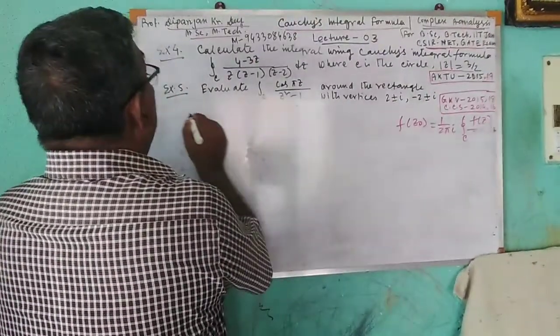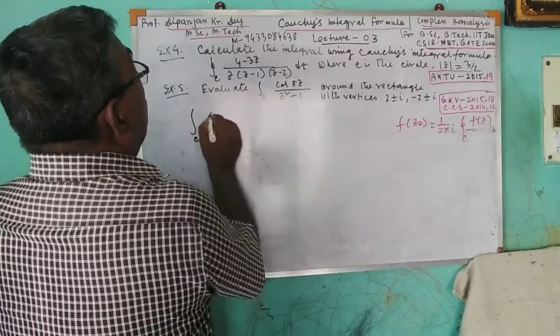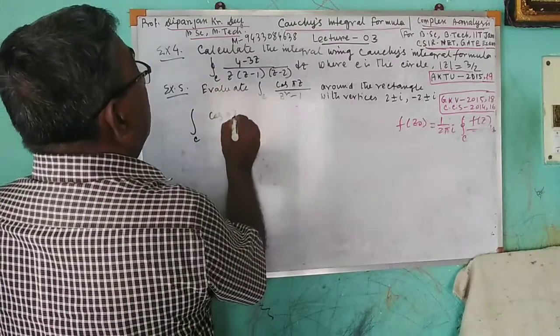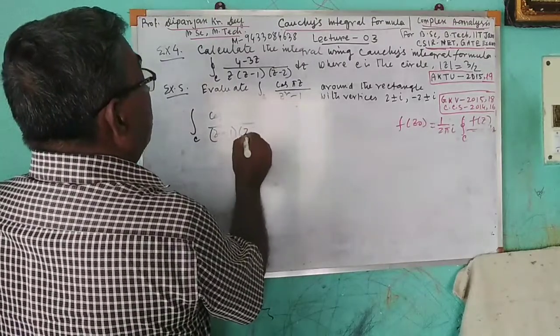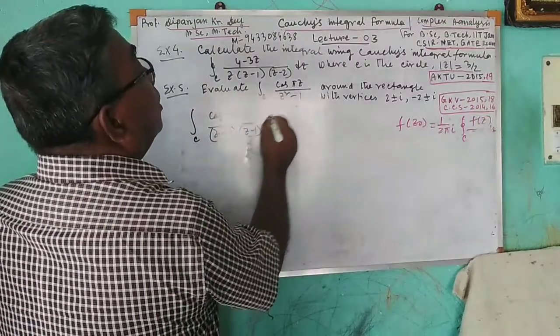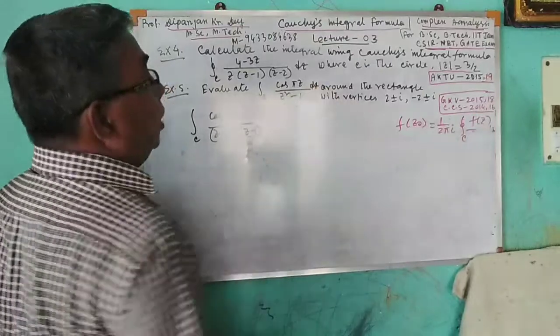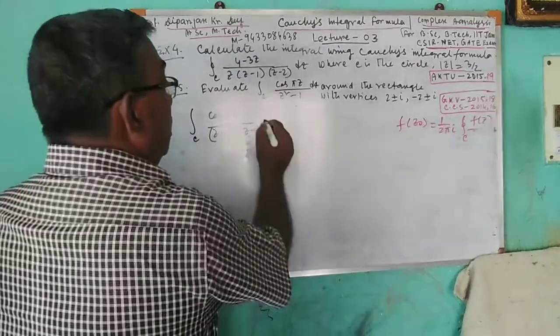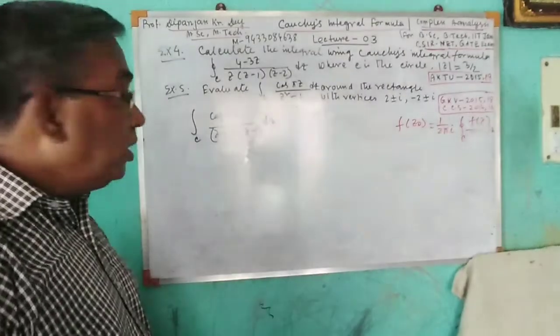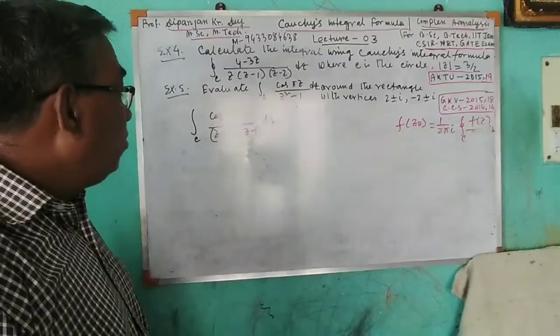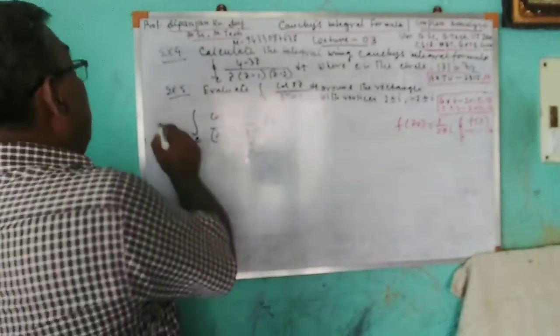You have to find the integral of cos(pi z) by (z squared minus 1), that is (z plus 1) into (z minus 1), dz. This we have to find. To see the sum, you have to find what is asked. That is solution 5.